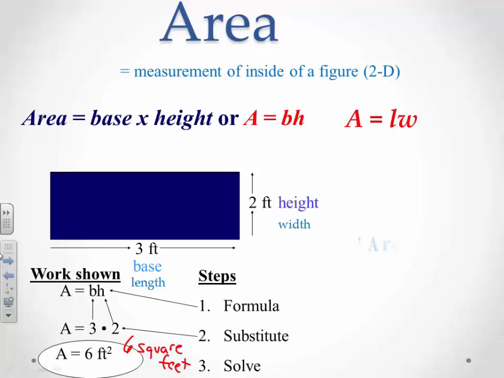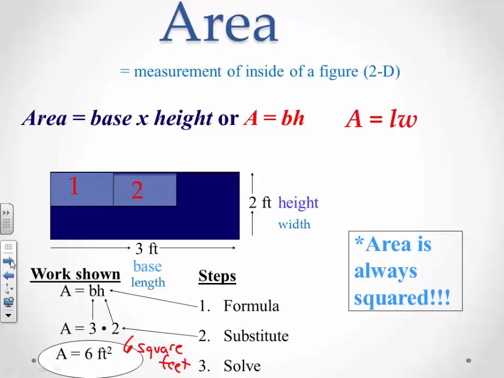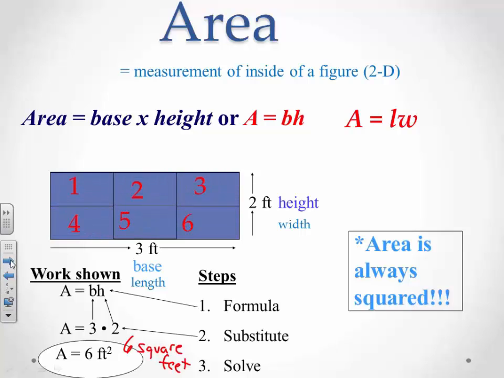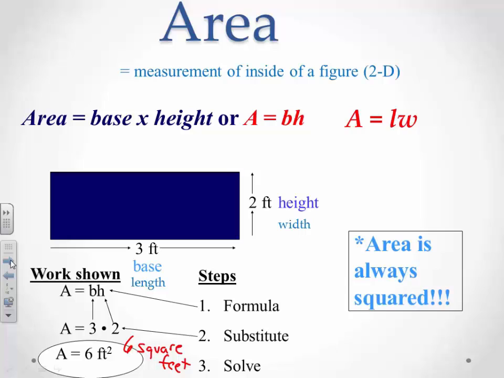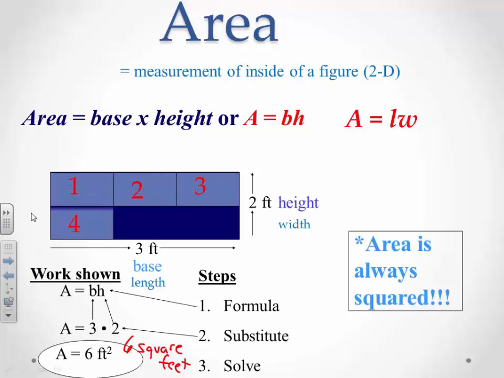So here's your visual as they fill in. So let's just look at that again. I'm saying that the measure of the inside is 6 square feet. So take a look. I'm filling that in with 6 square feet. Now I know they look like rectangles. That was the best I could do.